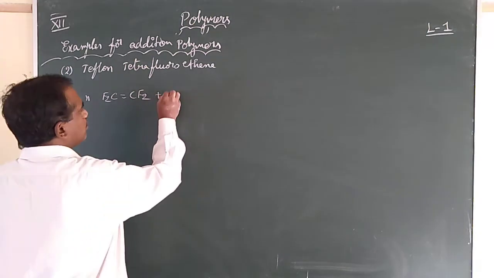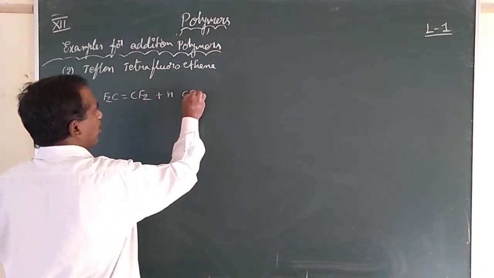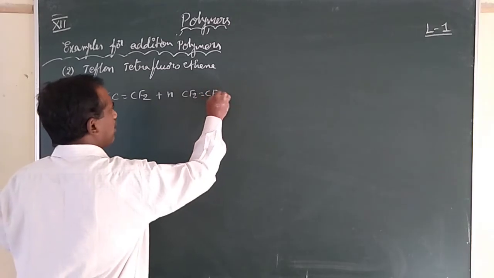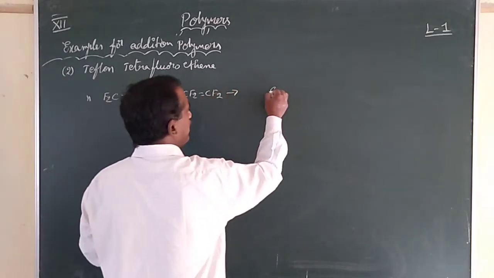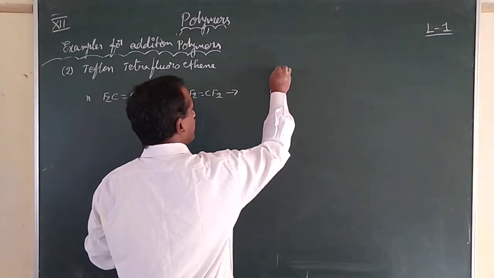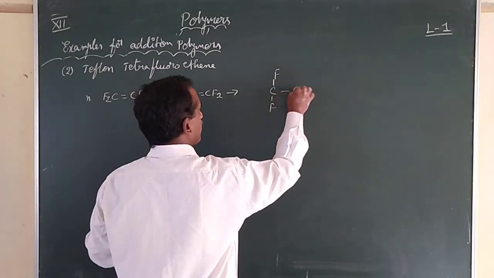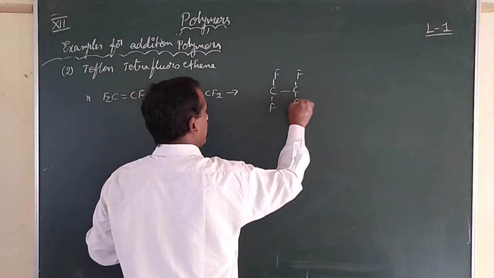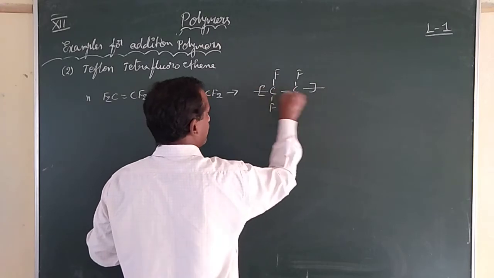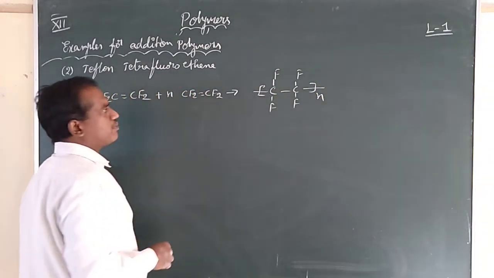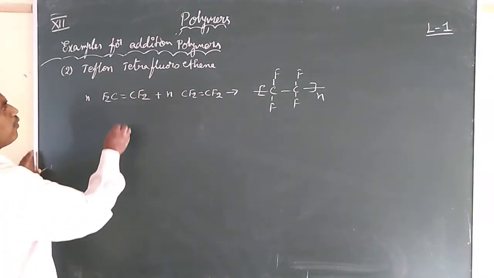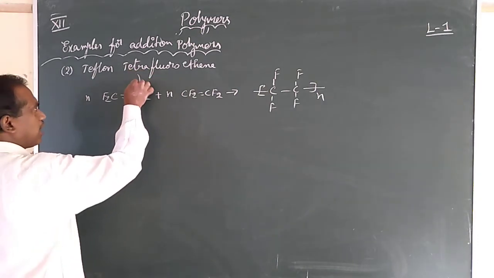So let us imagine many of them combining to form a repeating unit of this kind. It is simply called tetrafluoroethene.